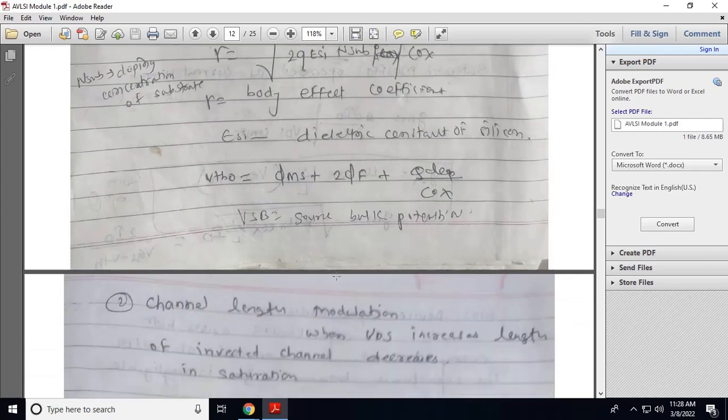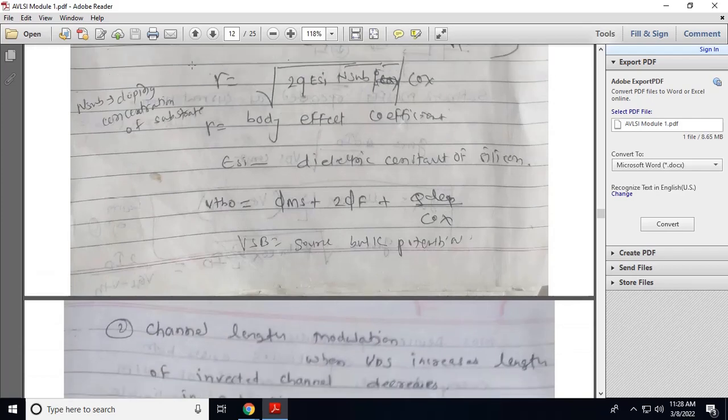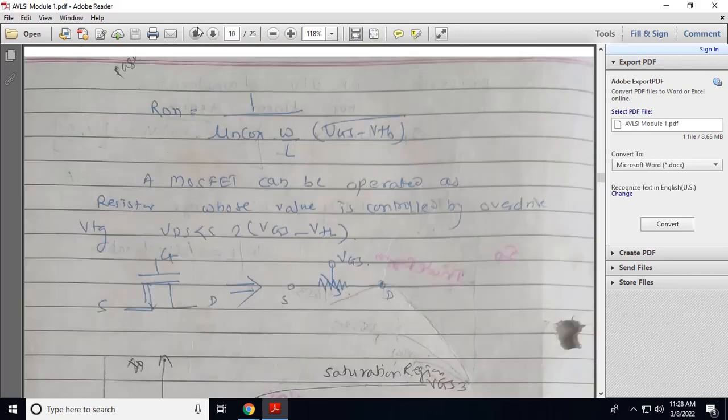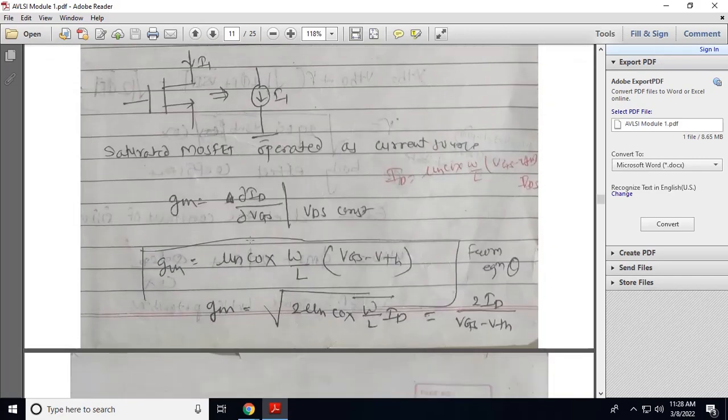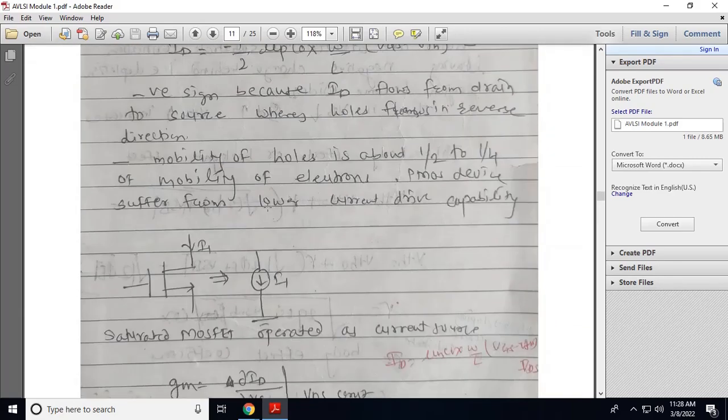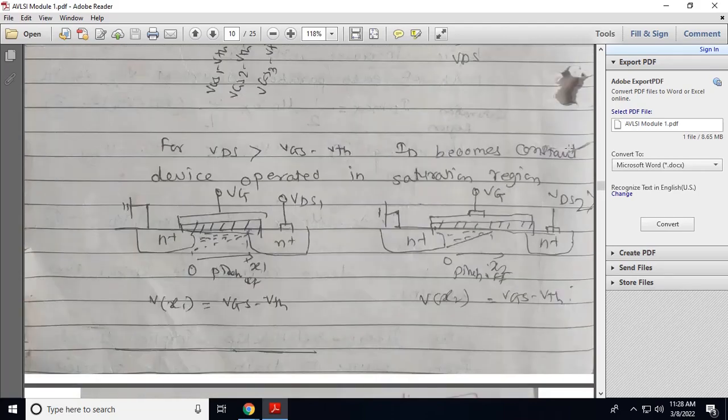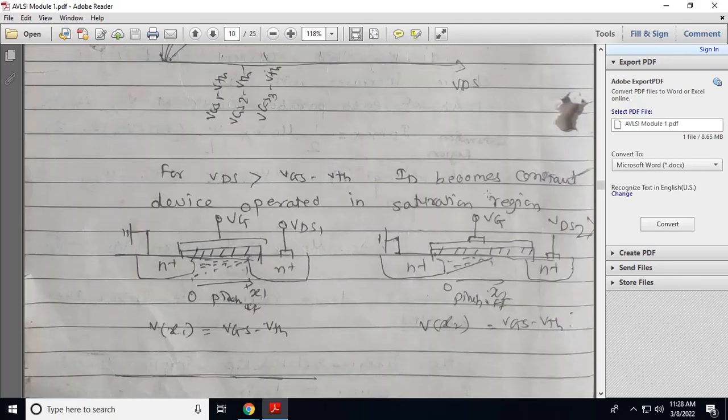Second, channel length modulation. Now see the channel length modulation. Suppose source is grounded, we apply the positive voltage on the gate, and VDS1 is the voltage initially applied.